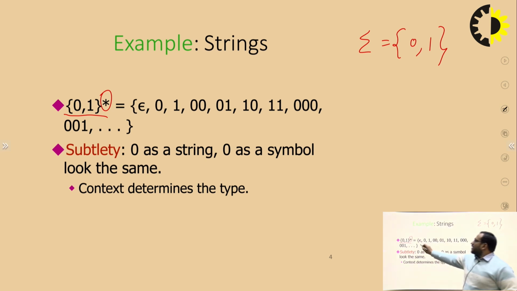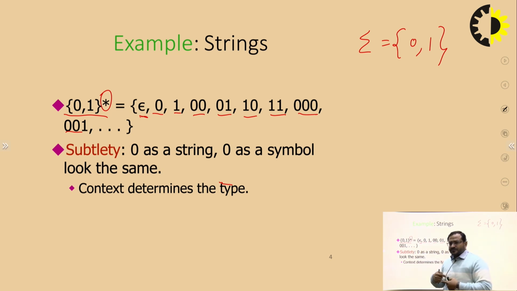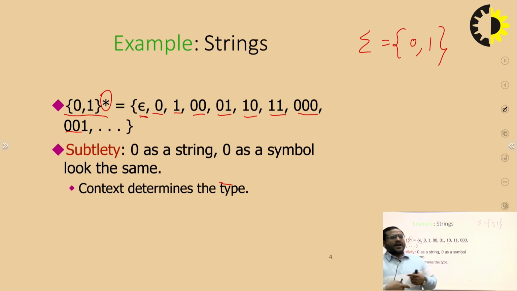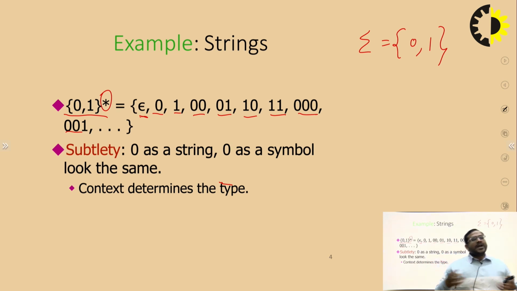Epsilon is when there is no string, length 0. One string is 0, another is 1, another is 00, 01, 10, 11, 000, 001, and so on. This is the way you can create any kind of string using these symbols, and that string has only 2 symbols, 0 or 1, and the length can be anything.